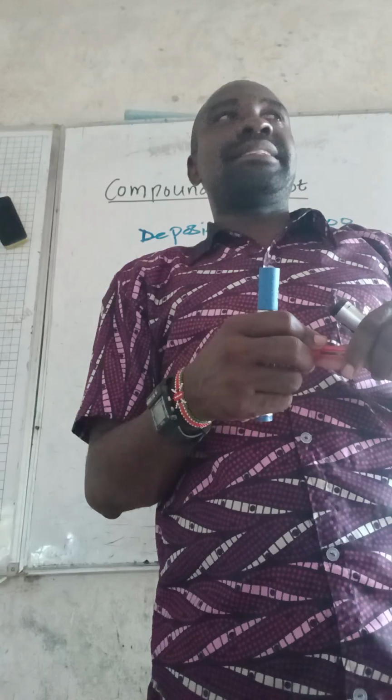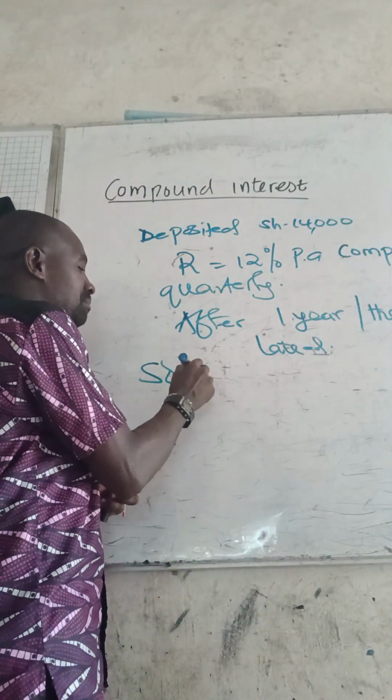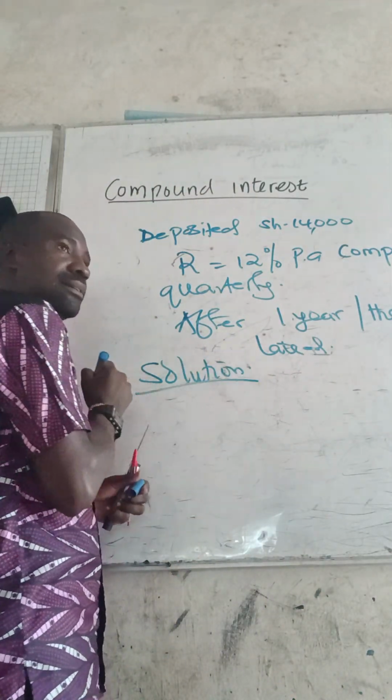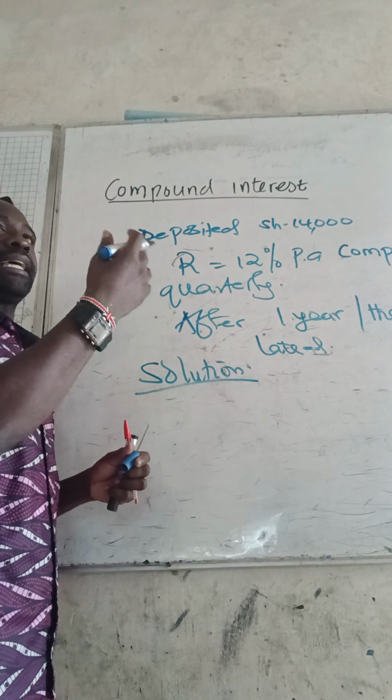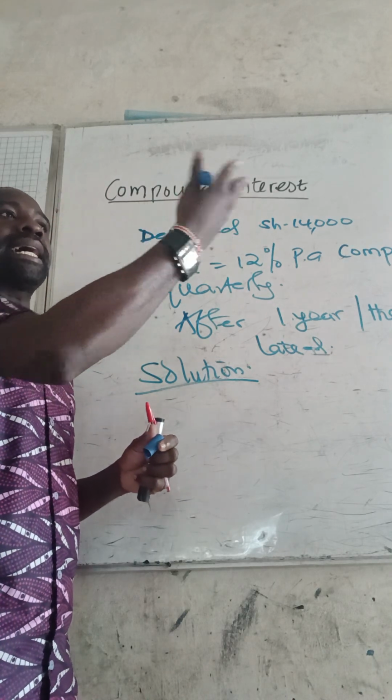In a year we have 4 quarters of 3 months. Now we wish to begin from the rate, because the rate is multiplied n times.